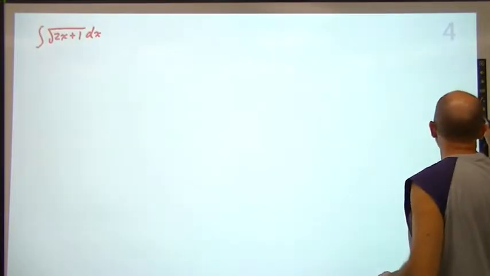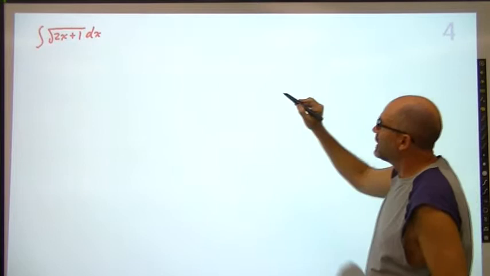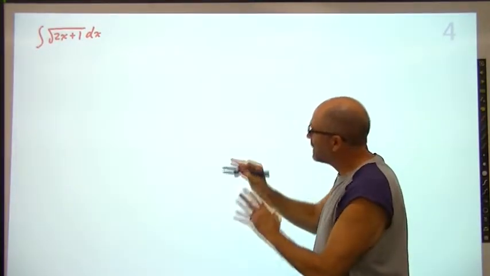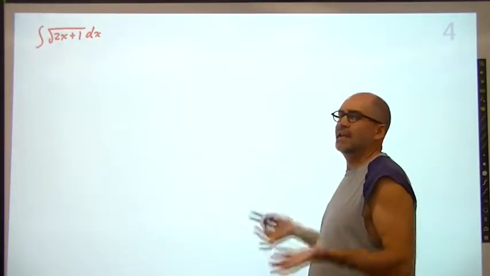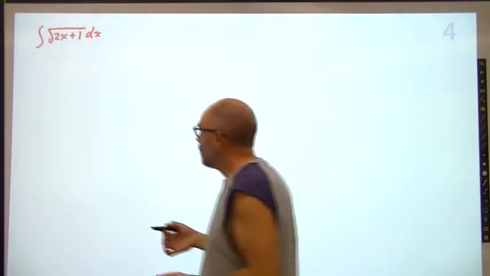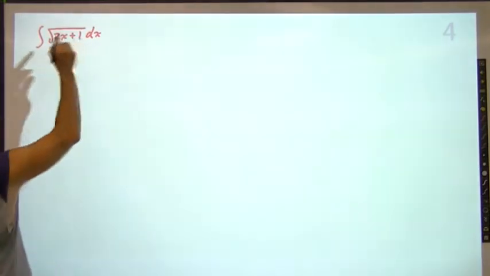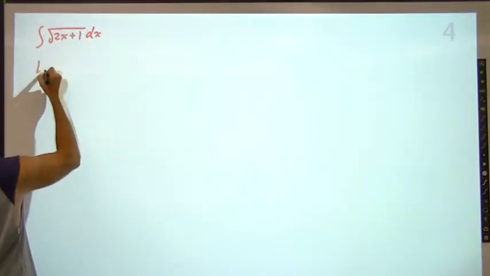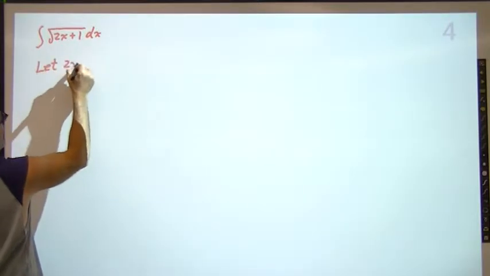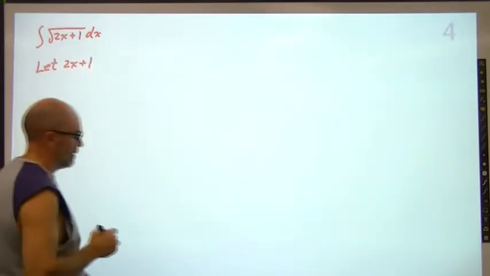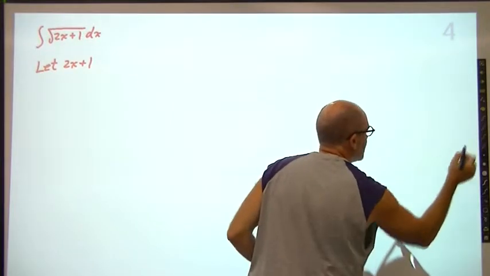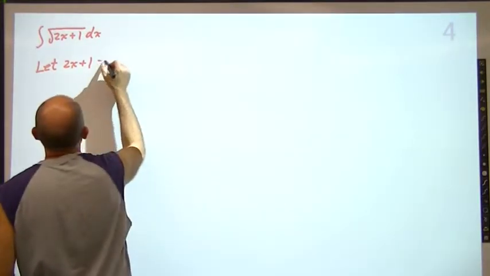Okay, this time, notice what's the derivative of the inside of this thing? It's 2. So let 2x plus 1 equal u.